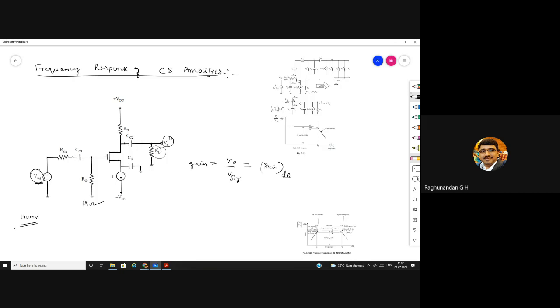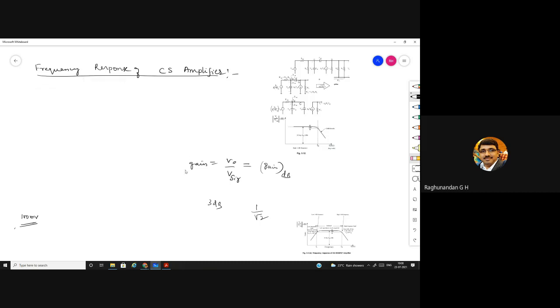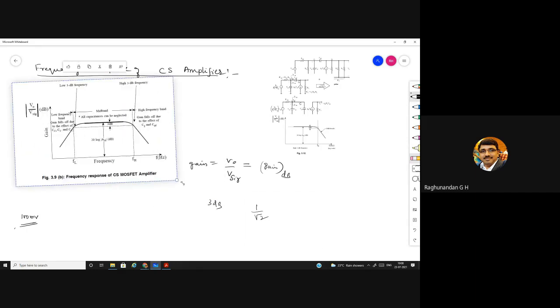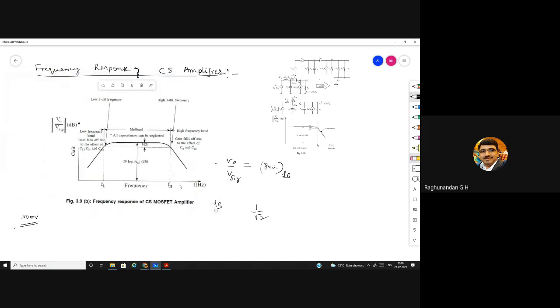Once we convert it in terms of decibel, we take 3 dB downwards, as you know. If you are not converting it into decibel, then you will take 1 by root 2 times the main value. Now let us see how this frequency response will look. This is the frequency response which we are having.